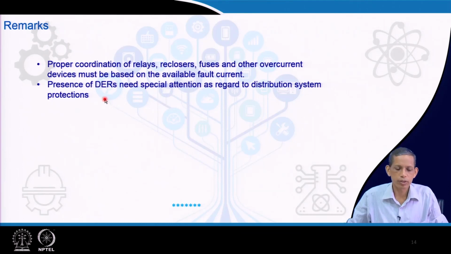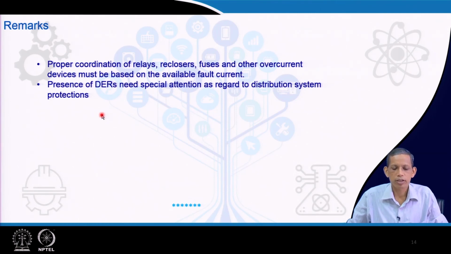In general, distribution system network protection schemes are affected by the presence of DERs, the inverter interfaced generators and sources: proper coordination, reclosure actions, fuse performance, fuse saving methods, all forms of overcurrent principles are under scrutiny.